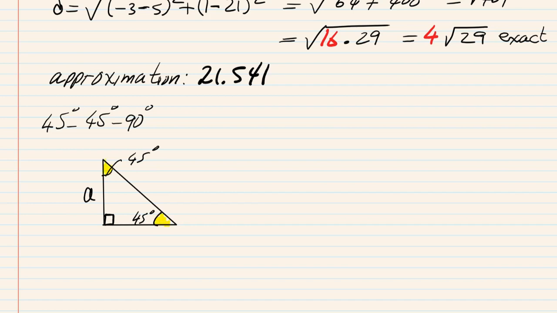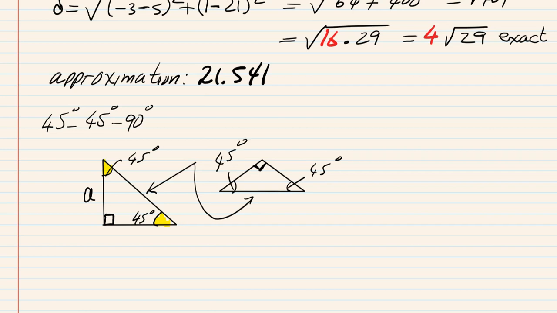In other words, if I put this triangle on its side, it's going to look like that, right? Again, this side is now here. Now when I do that, this is my right angle, and this is 45, and this is 45 degrees, and that's what I meant. These are called base angles, and the base angles are equal.